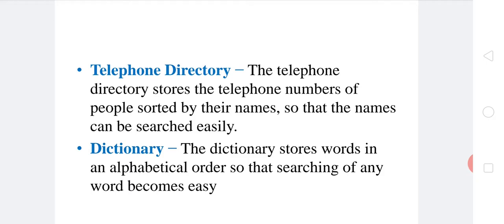The second example is the dictionary. The dictionary stores words in alphabetical order so that searching of any word becomes easy. If you want to search any particular word's meaning, we can easily go through the alphabetical order and find it.